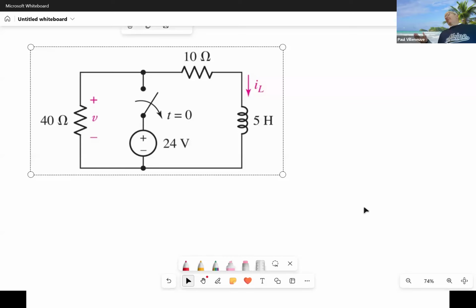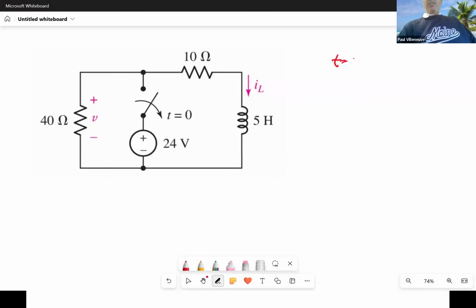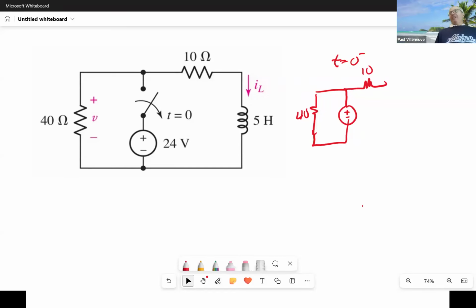So let's do the process, right? Because we need to solve for voltage, we need to solve, no matter what, for that initial condition current. So that's regardless of whether you're solving for voltage or current in an inductor or a capacitor, you need to solve for the zero minus condition. And in the zero minus condition, what does an inductor become?